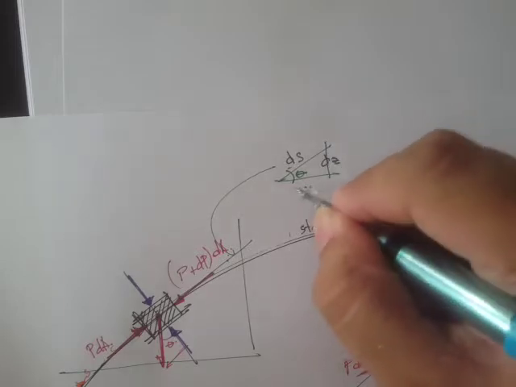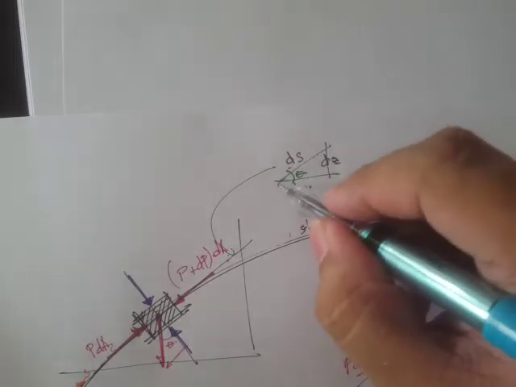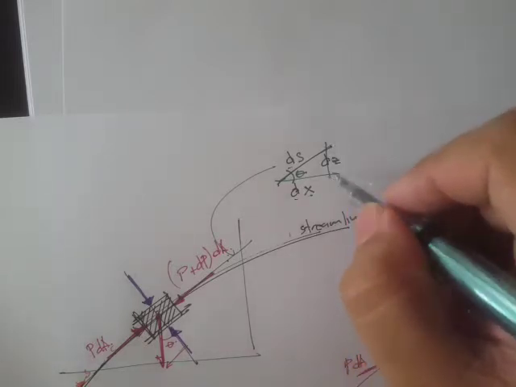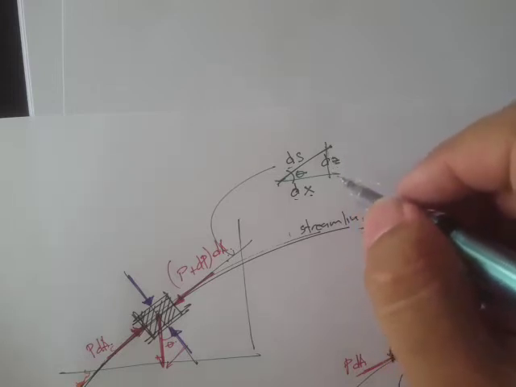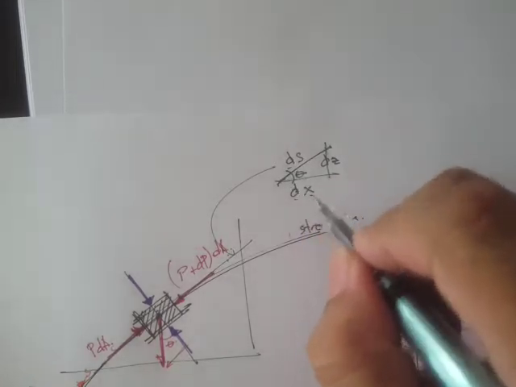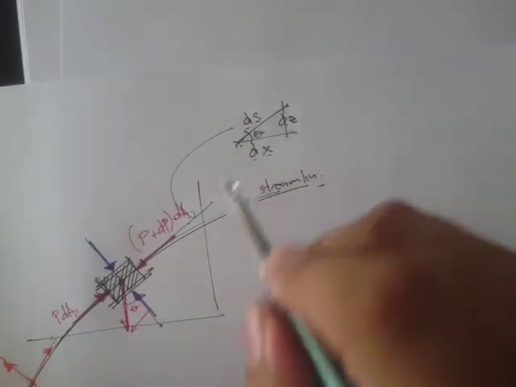This will be dz, then this will be dx. That's the differential length along the streamline, that's ds. Then this one will be dz, again refers to the differential length along the vertical direction, and this one the horizontal direction, which is x. Okay, so sine theta is dz all over ds.